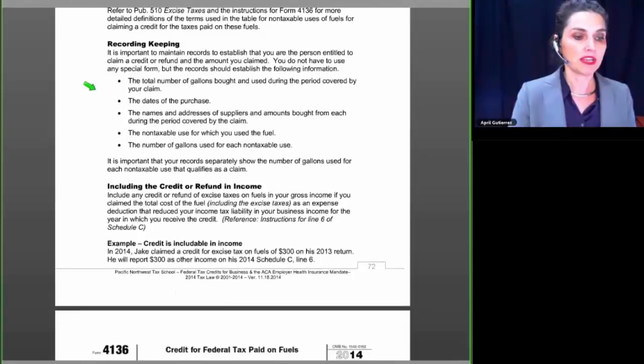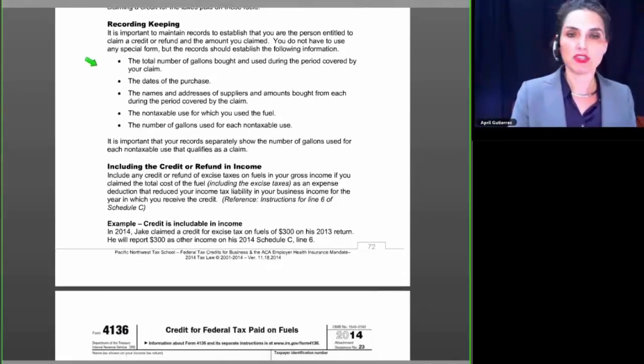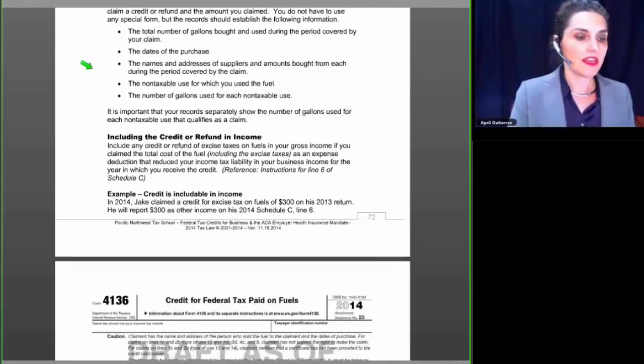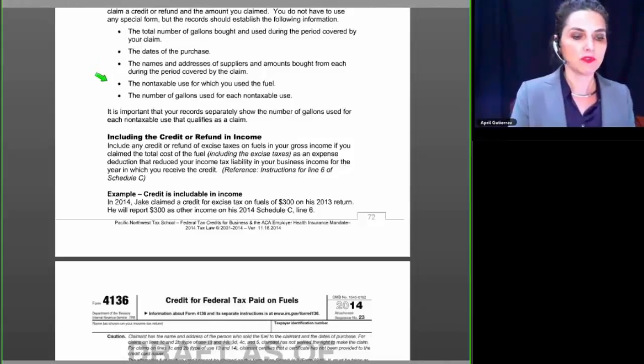So it's important to maintain records to establish that you are the person who is entitled to claim a credit or refund and the amount that you claimed. You do not have to use any special form, but the records should establish the following information: the total number of gallons bought and used during the period covered by your claim, the dates of the purchase of the fuel, the names and addresses of suppliers and the amounts bought from each during the period covered by the claim, the non-taxable use for which you used the fuel, and the number of gallons used for each non-taxable use.